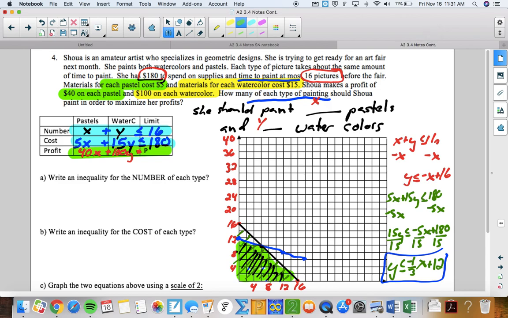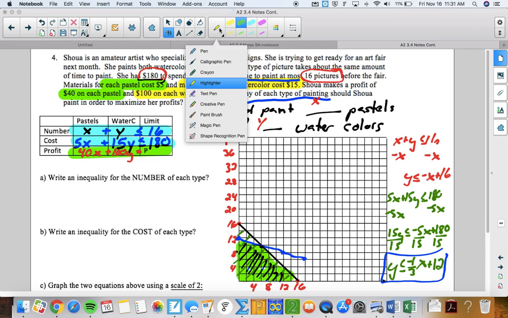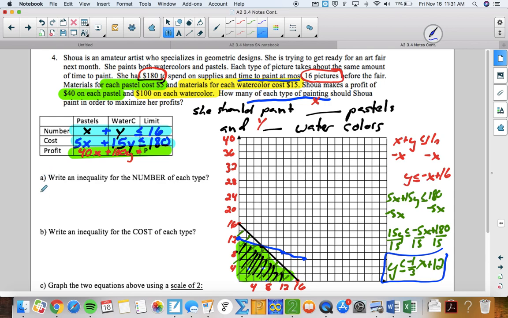So from here, we're going to check our feasible region. By the way, folks, I'm just looking at A and B. We've done that right there, and the cost, and we graphed using a scale of 2.